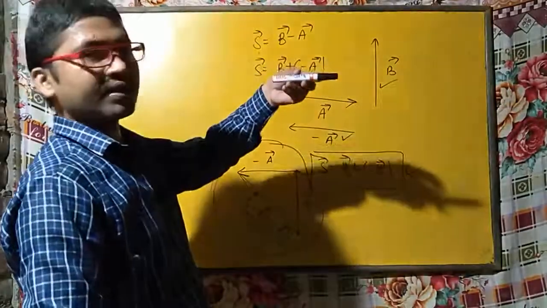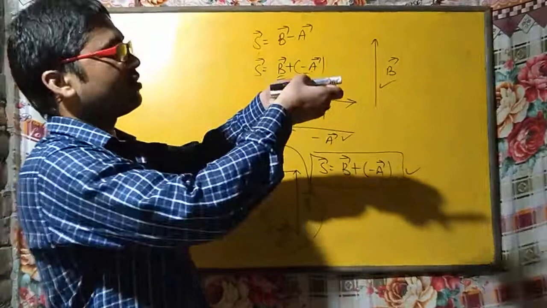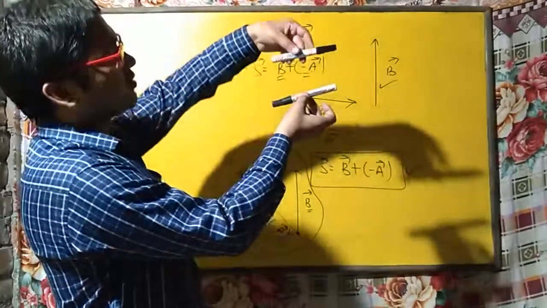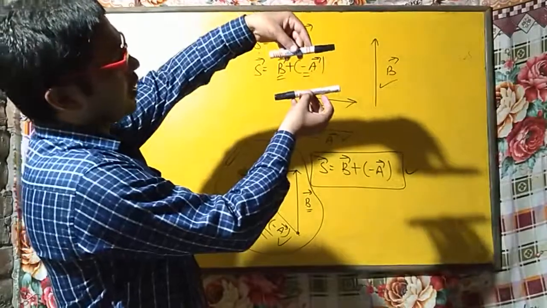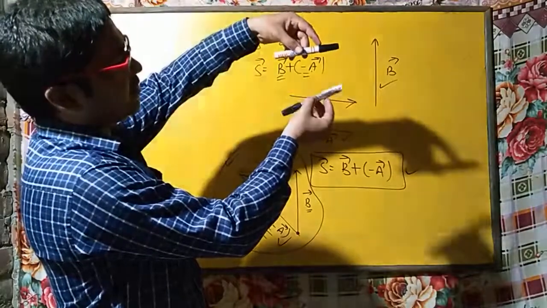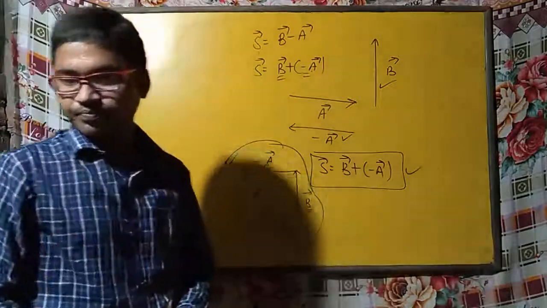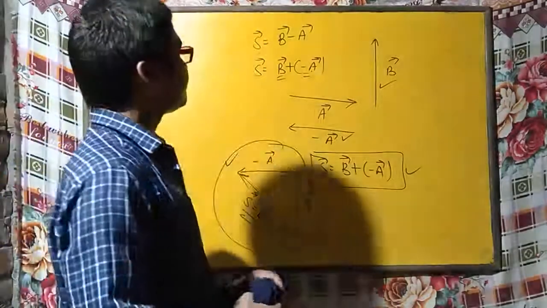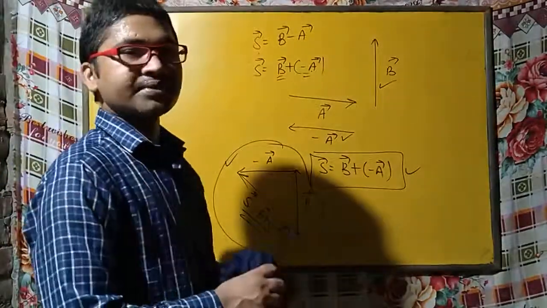Suppose this one is vector a, then this one is vector minus a. This one is minus a, this one is plus a. Both are opposite to each other. So I hope you understand this subtraction.